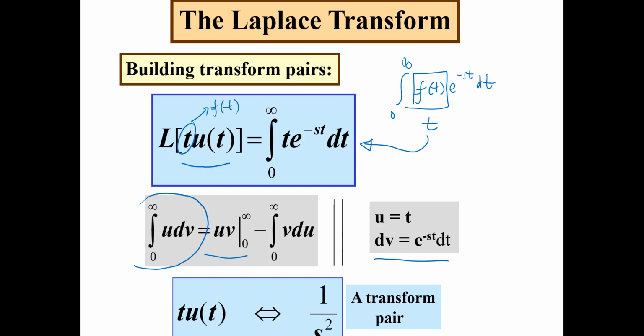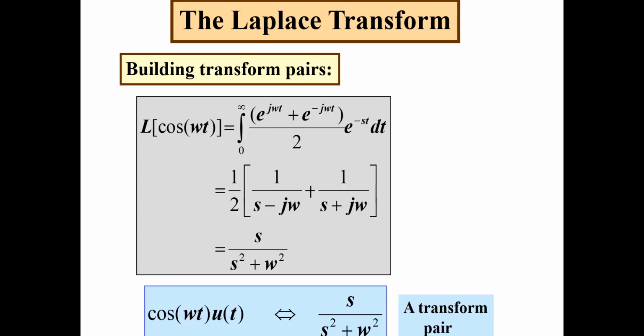From this integration by parts, we get that the Laplace transform of t u(t) is 1 per s squared. Okay, so this is the Laplace transform of the function f(t) equal to t.